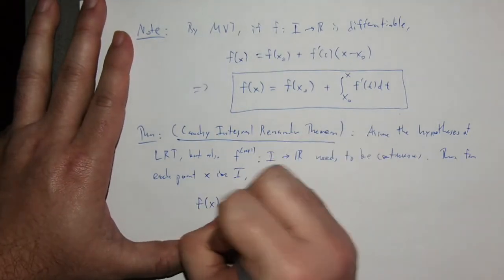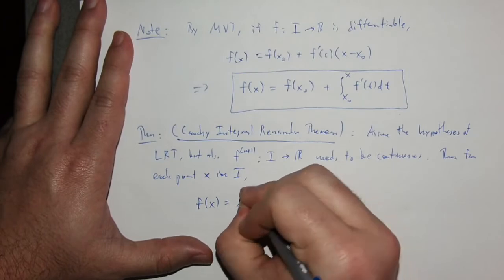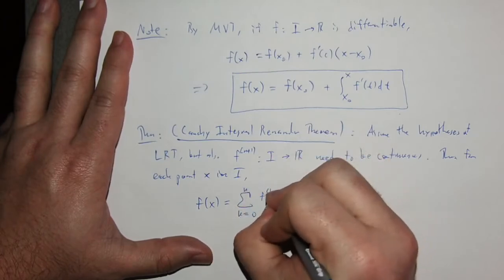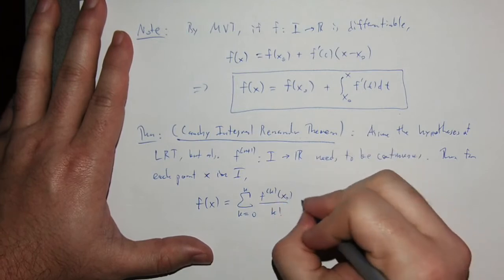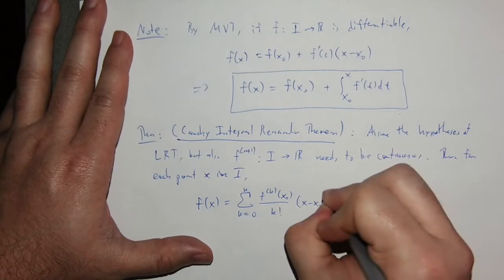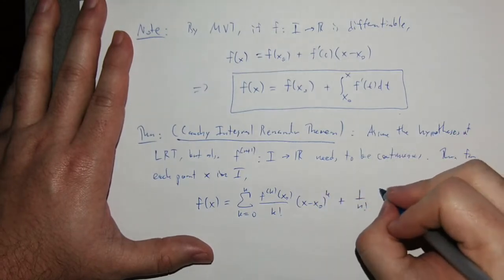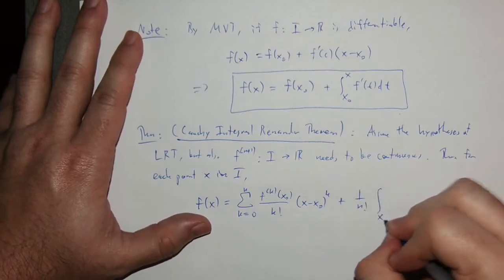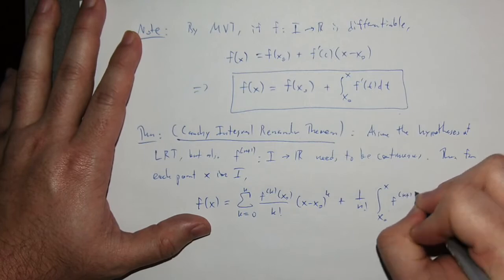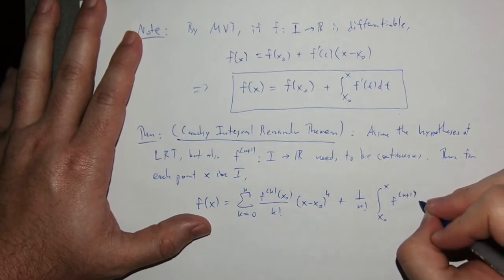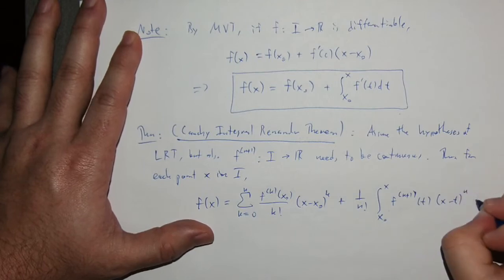So then, for each point x in I, my function f of x can be written as the sum from k equals 0 to n of the kth derivative of f at x naught over k factorial times (x minus x naught) to the k, plus 1 over n factorial times the integral from x naught to x of the n plus first derivative of f at t times (x minus t) to the n dt.